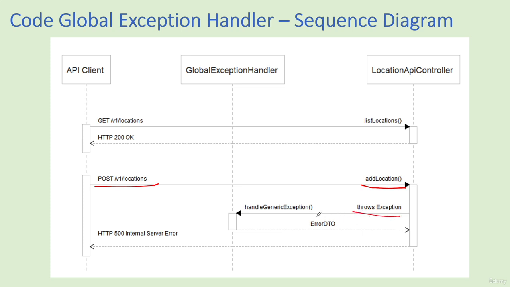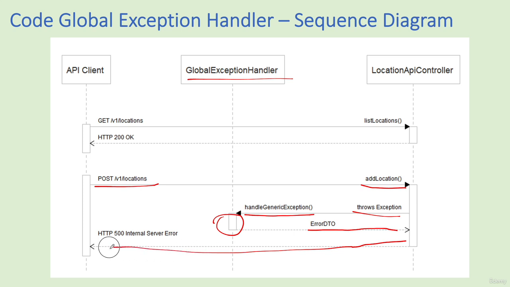This exception is caught by the handleGenericException method in the GlobalExceptionHandler class, and after processing the exception, the handler class returns an ErrorDetail object to the controller, and in turn the API returns HTTP status 500 Internal Server Error to the API client with error details in the ErrorDetail object. Make sense?